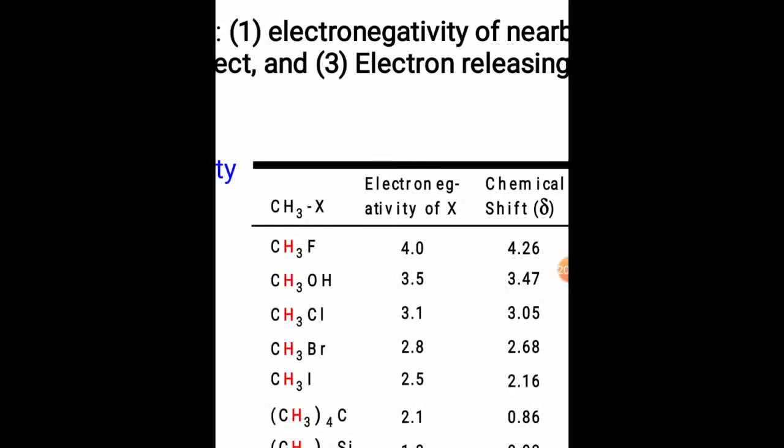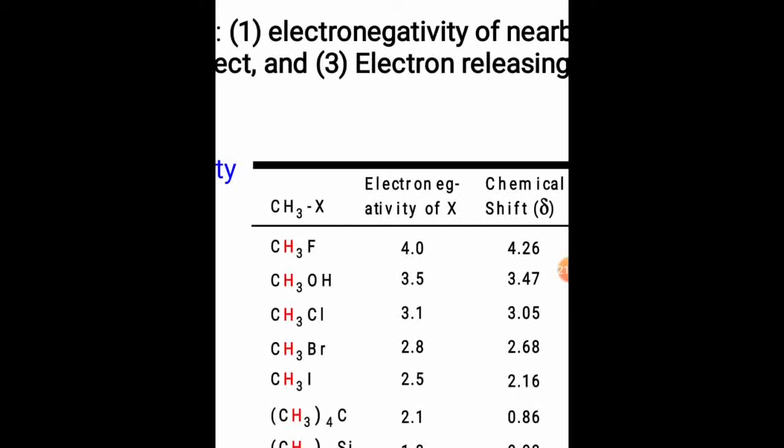The chemical shift value of methyl chloride is less as compared to that of methyl fluoride because the electronegativity of the fluorine atom is more. Fluorine, the more electronegative element, withdraws electrons toward itself, and hence the electron density around the CH3 of methyl fluoride is less as compared to methyl chloride.